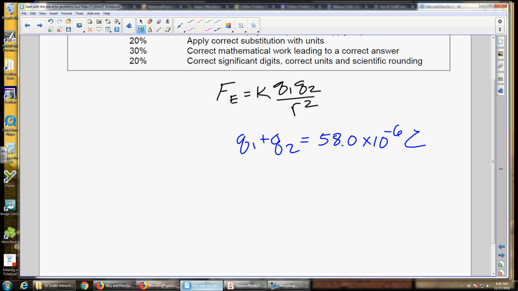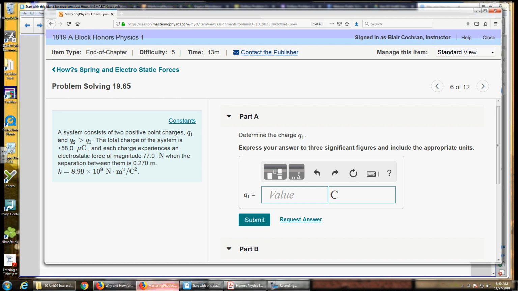And it tells me a bunch of other stuff. How far apart, it tells me the R, their separation, it tells me the force, it tells me the K. Oh, so I can put in all that.